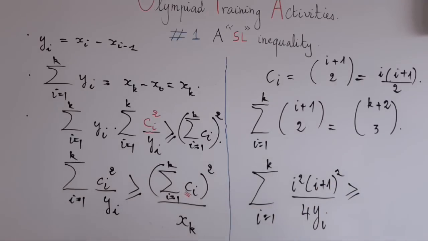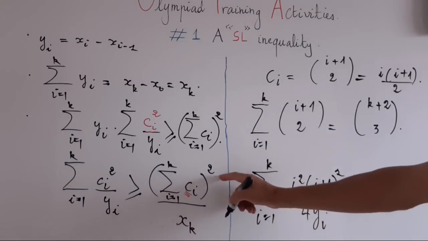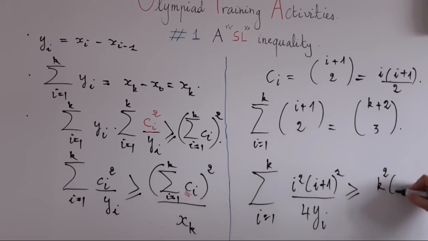It gives k, because there is a square here, k square, k plus 1 square, k plus 2 square, and there is some factorial 3, so we will have 36, and this denominator xk.